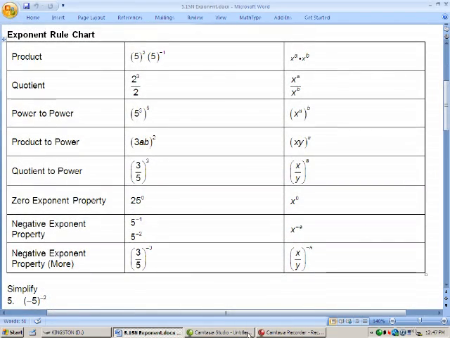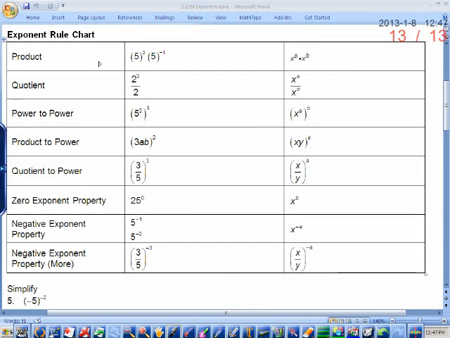All right, let's review these rules. When you take the product of two terms with the same base, what do you do with the exponents? Add them. You keep the base the same. So what's the base here? 5. And then you add your exponents. So 3 plus negative 1 is 2. So 5 squared is 25.